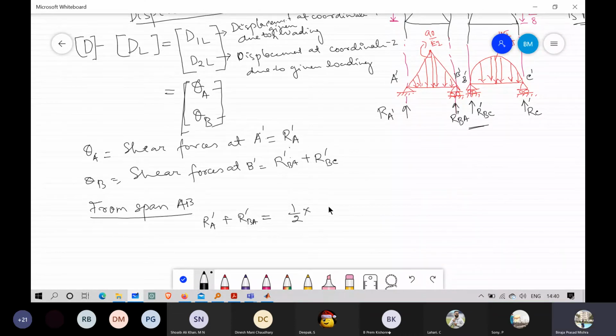The length is 6 meters, so half into 6 into the height 90 by EI, that is, the whole area divided by 2.